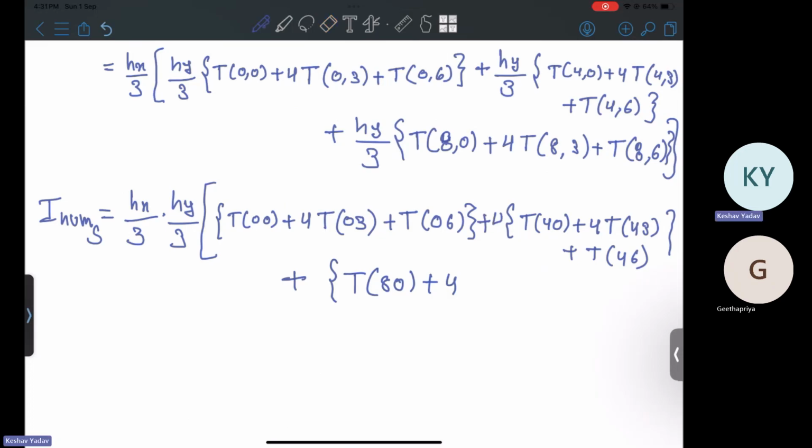This is 4 times T(8,3) plus T(8,6). Till now it is clear. This is the formula that we have got. Is it clear?